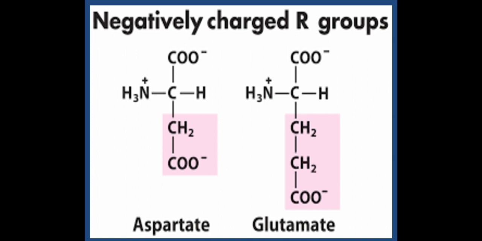Now the third category is the amino acids with negatively charged R group. These amino acids are also known as acidic amino acids, as they contain an extra carboxyl group in their side chain. Examples of these amino acids are aspartic acid and glutamic acid.